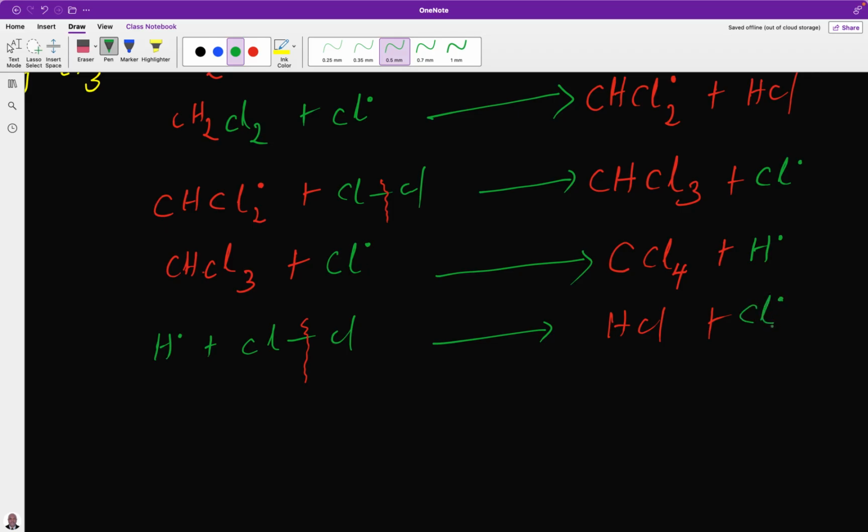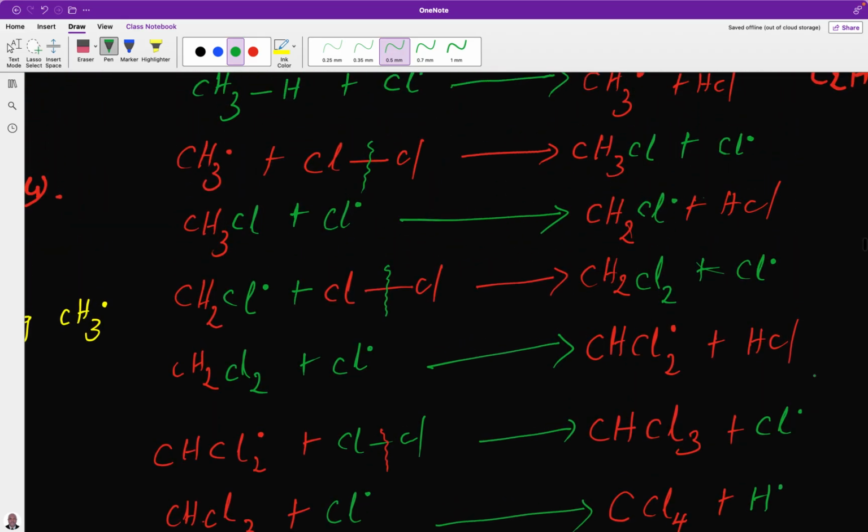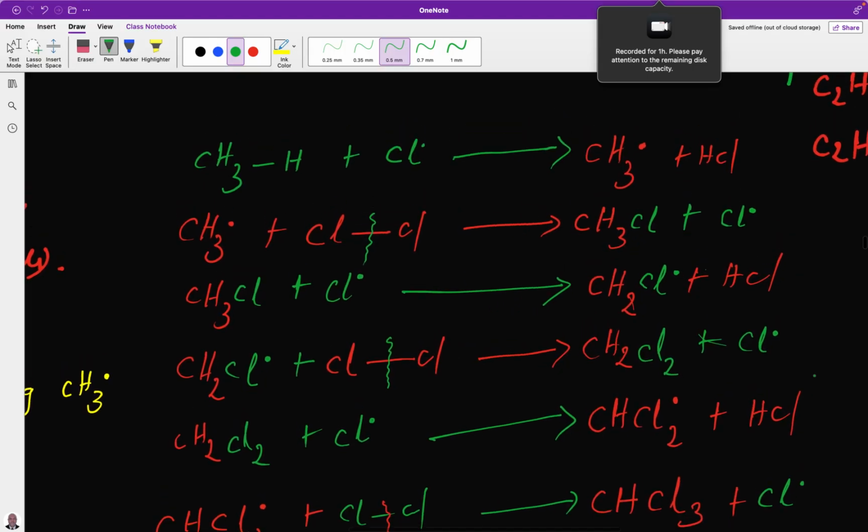This chlorine free radical can now look for another molecule and start doing the replacement like that, and so on and so on. That is how the whole thing goes. That is how the propagation stage goes.